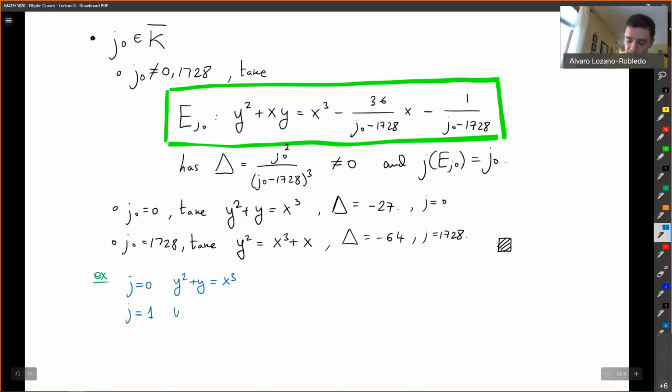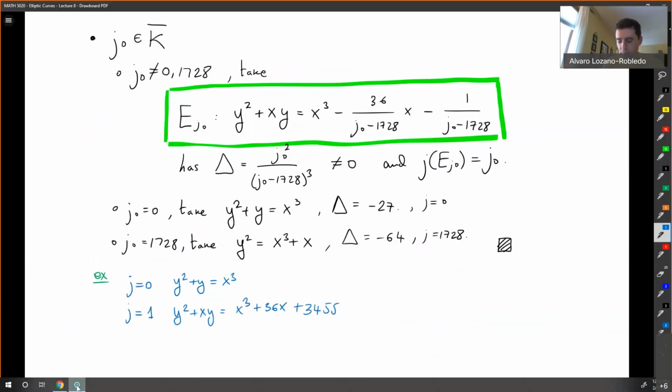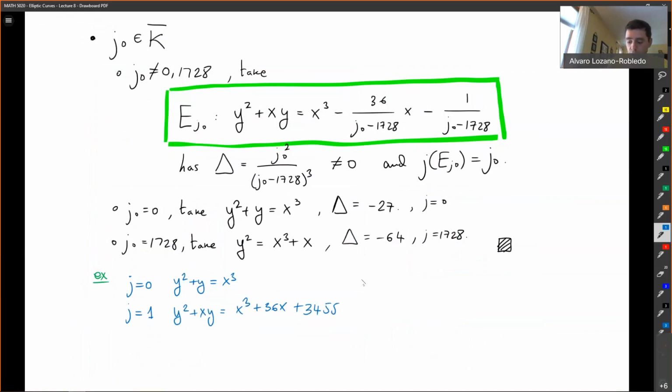So for example, this is an elliptic curve with j equals 1. And you see that even though j is 1, the model itself is not very simple. And this is the simplest model I could find with j equals 1. How about j equals 2?